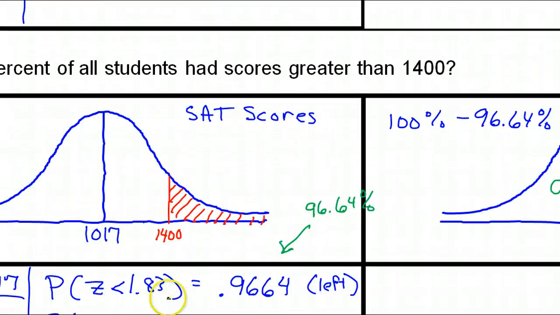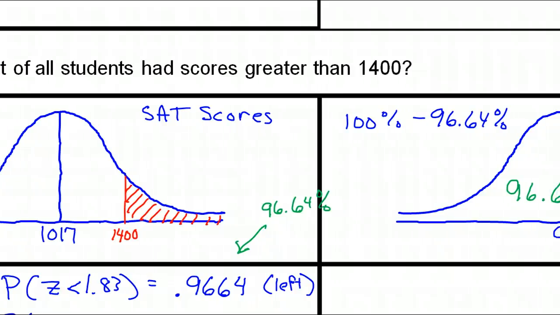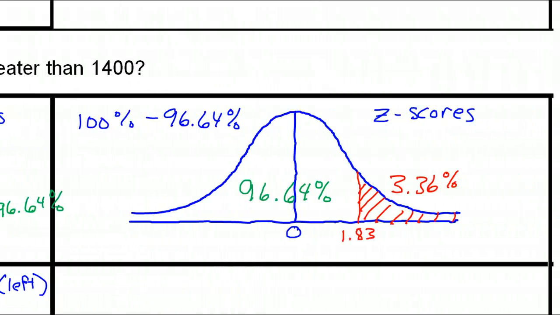All right, anyway, so the percent of all students, the question is, what percent of all students had scores greater than 1400?